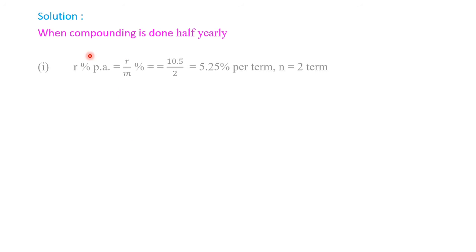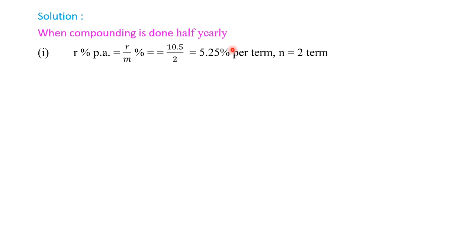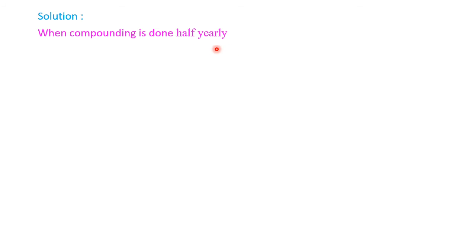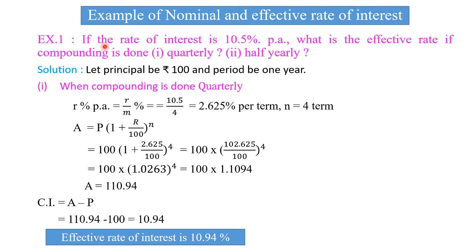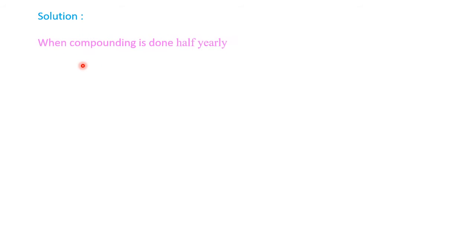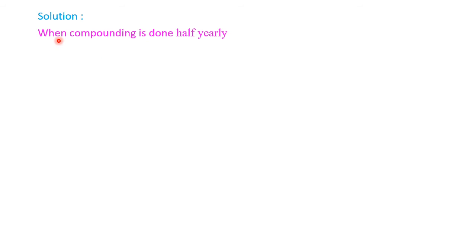Second, when compounding is done half yearly. In this problem, we have to solve the effective rate of interest for quarterly and half yearly compounding. So now we solve when compounding is done half yearly.